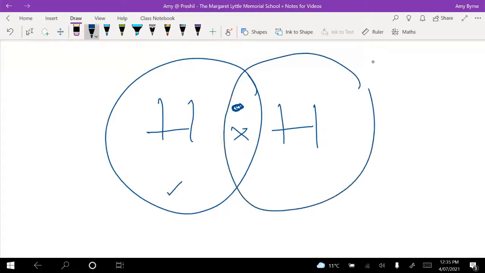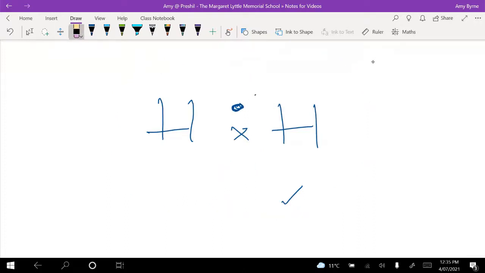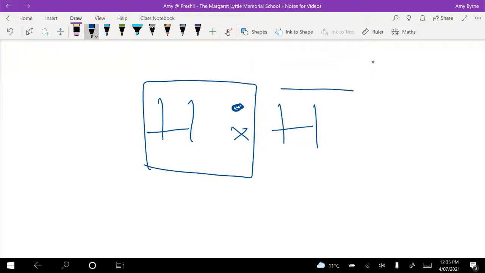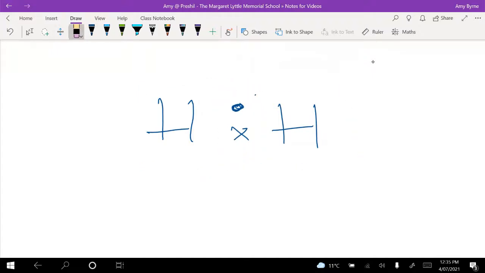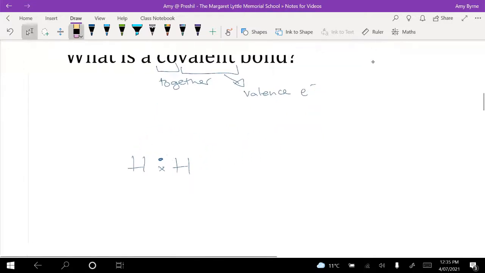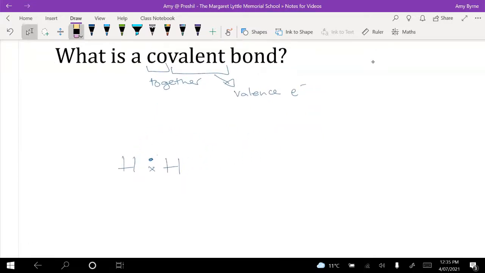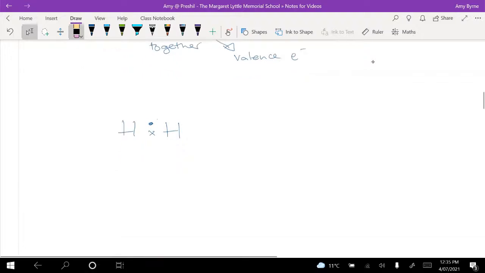And this one on the right has access to 2 electrons, so it is happy. The fact that one of those electrons comes from my first atom and the other from my second doesn't matter to them. The fact that this hydrogen has 2 electrons and this hydrogen has 2 electrons, that's what makes the difference here. So that covalent bond, we're talking about sharing.